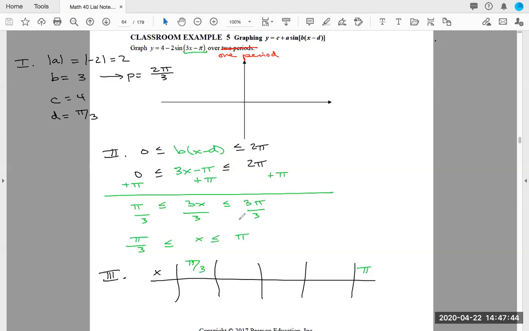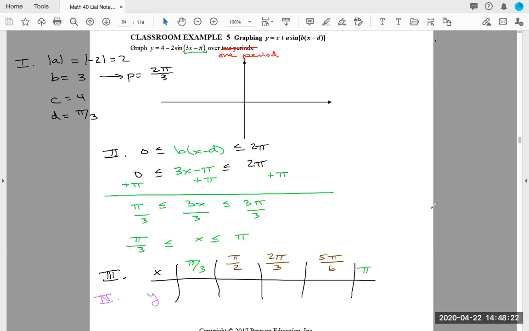I'm just going to fill it in for now. And then we'll get y values out for part 4. And remember, you plug in your x values into your function, and whatever y pops out, that's what you're going to put in here. So let's just practice with one of these.